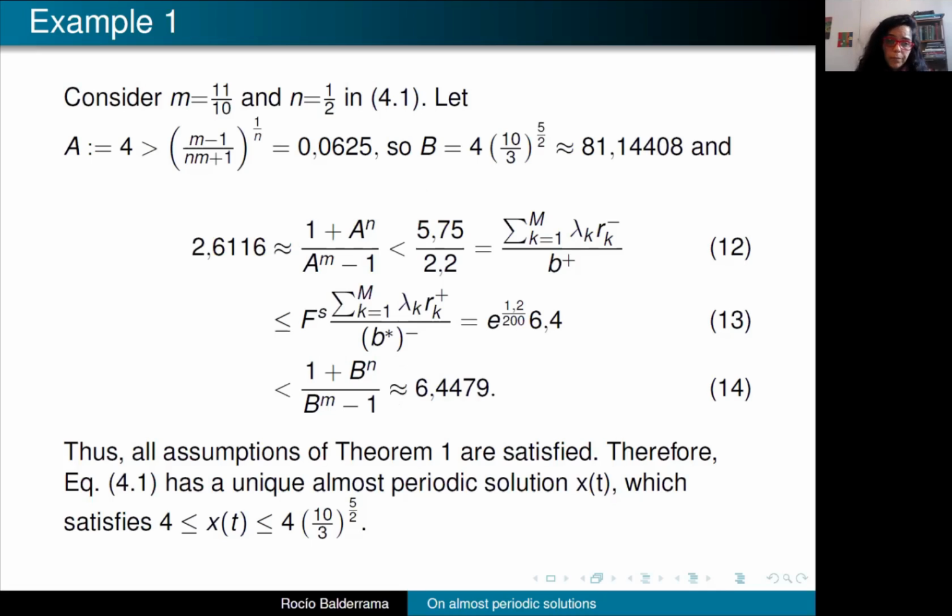So all assumptions of theorem 1 are satisfied, and the model has a unique almost periodic solution between 4 and 4 plus this number.